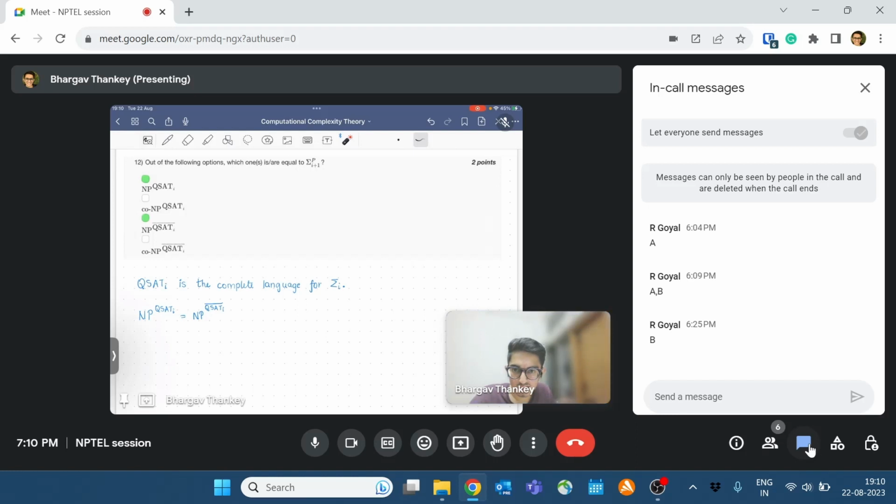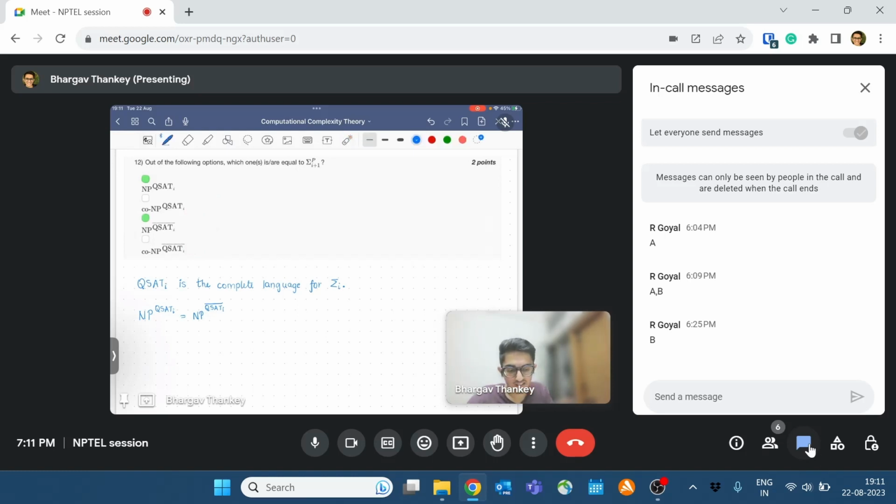And the first quantifier you can simulate using this. Since the first quantifier is there exists, we need NP over here. Had this been a pi instead of sigma, then B and D would have been true. Yes, correct.